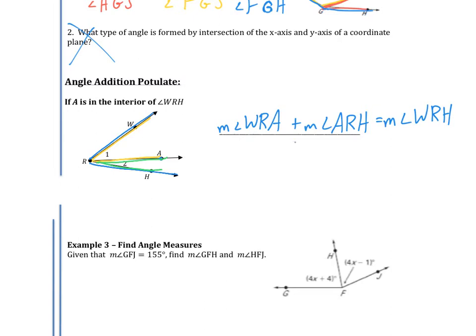A shorter way to write this, since these are numbered, like right here, this one's numbered, you could call that angle 1. And the green angle, you could call that angle 2. So when there's numbers there, it actually makes it easier to write. It doesn't take as much time when you write.